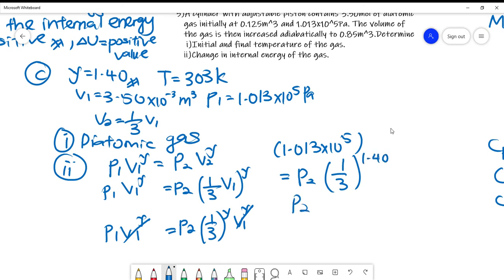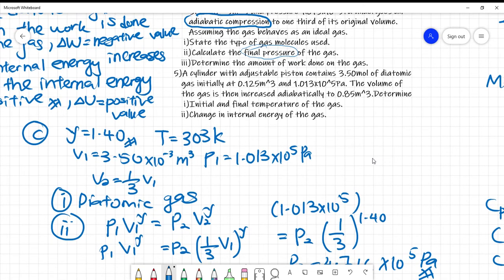So finally our P2 is 4.716 times 10 to the power of 5. Is it power of 5? Yeah, it is power of 5. So this is the final pressure.